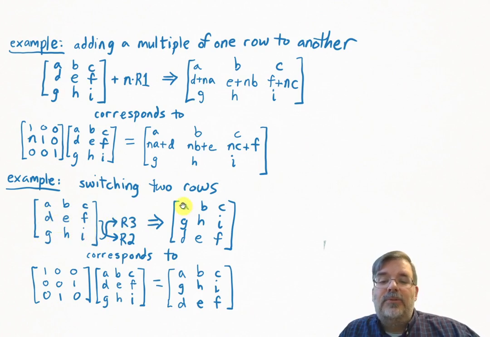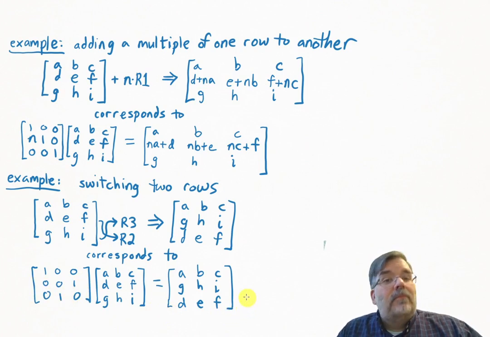That would turn this matrix into A, B, C, G, H, I, D, E, F. And even this operation of switching two rows corresponds to multiplying by this elementary matrix. Right, again, almost an identity matrix, except some of these ones and zeros were shuffled around. In particular, row 2 was replaced by row 3, and row 3 was replaced by row 2.